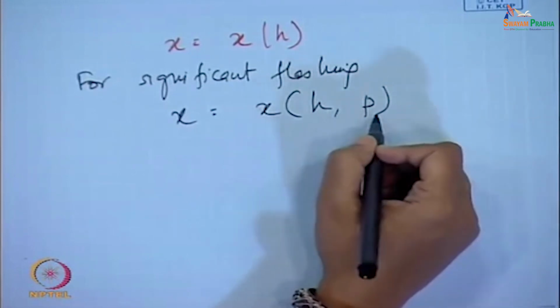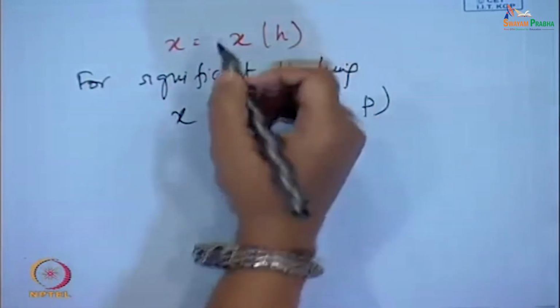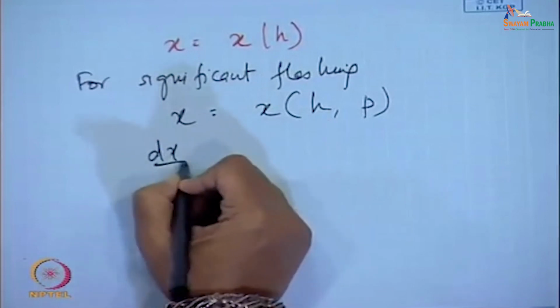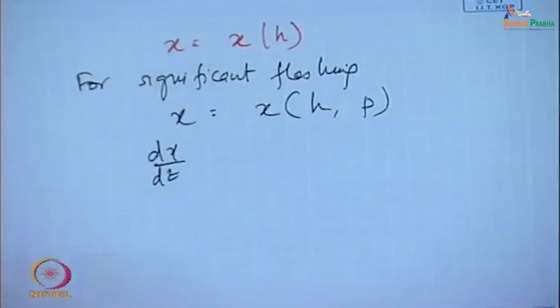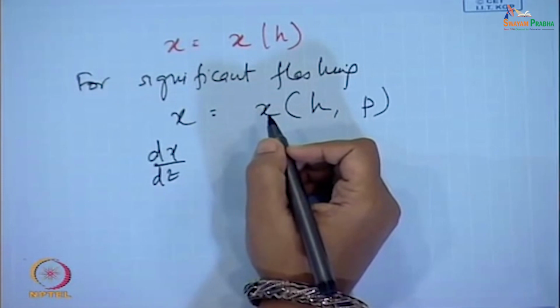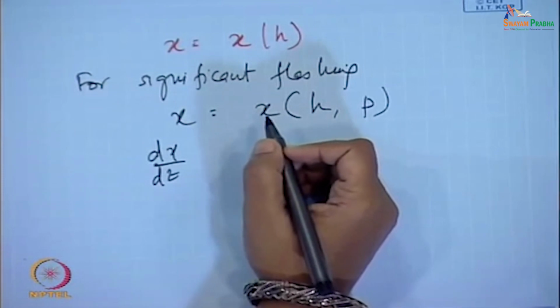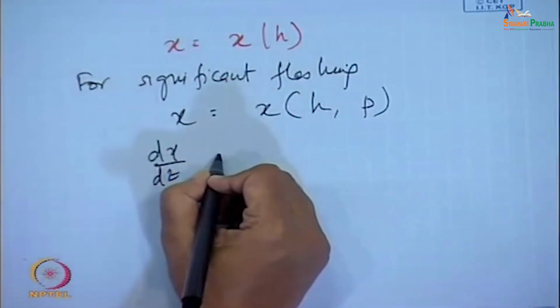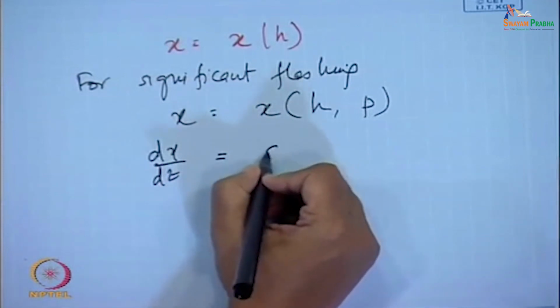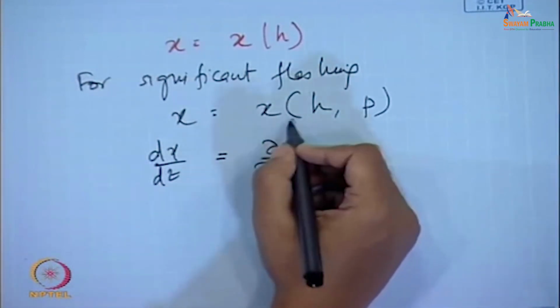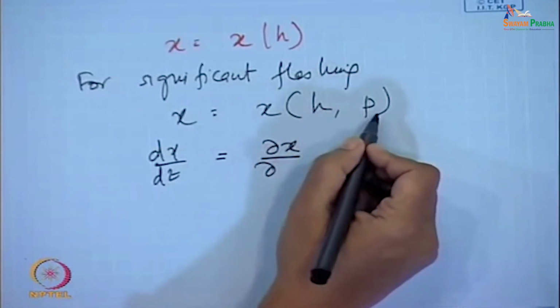So, under that circumstance, your dx dz cannot be obtained from enthalpy balance alone. You agree with me? So, under that circumstance dx dz has to be expressed in terms of H as well as in terms of P.